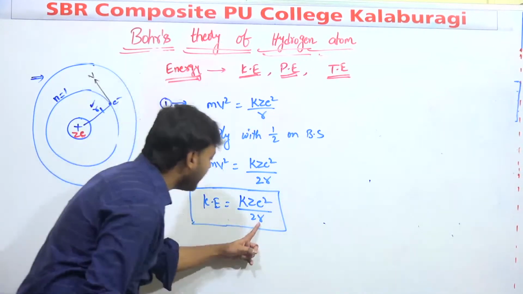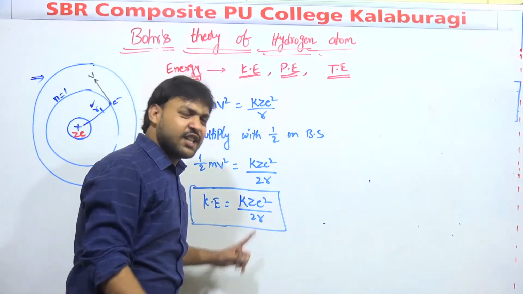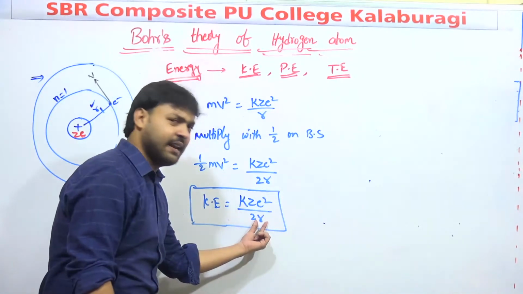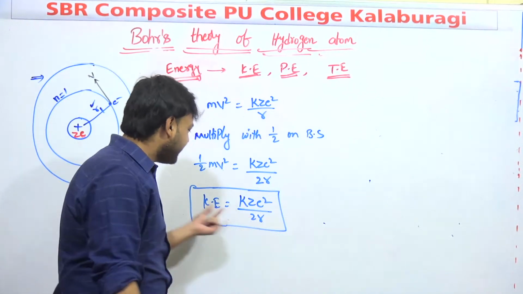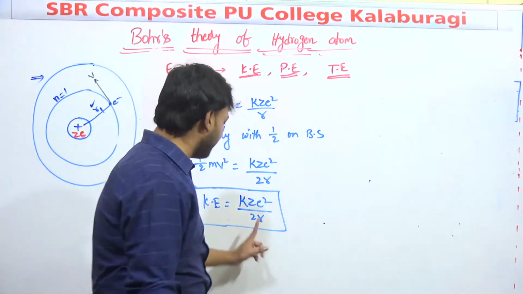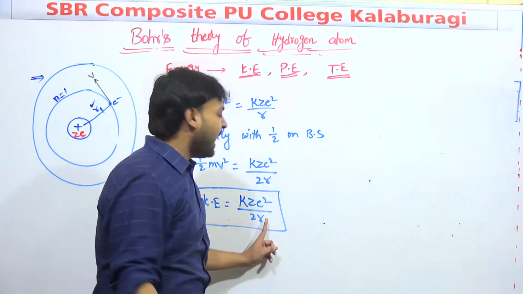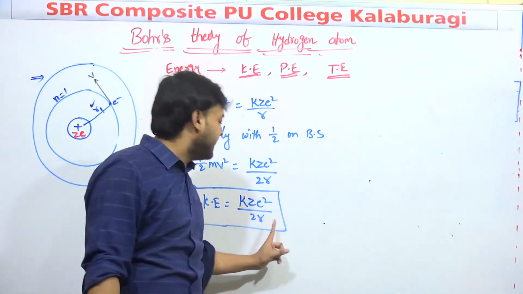So it depends on radius. So is the kinetic energy of all the orbits constant? No, it depends on the radius again. Is that okay? For example, the kinetic energy of the first orbit, R1 you have to consider. The kinetic energy of the second orbit, R2; of the third orbit, R3.